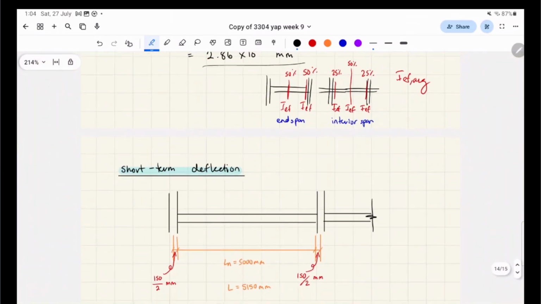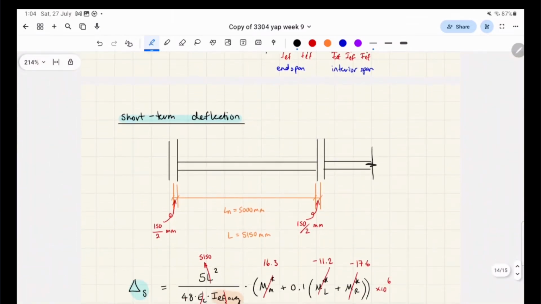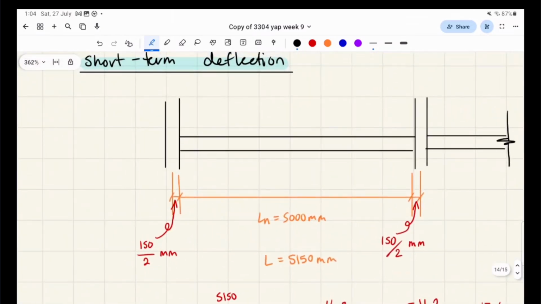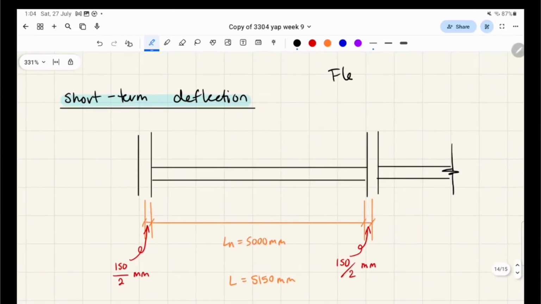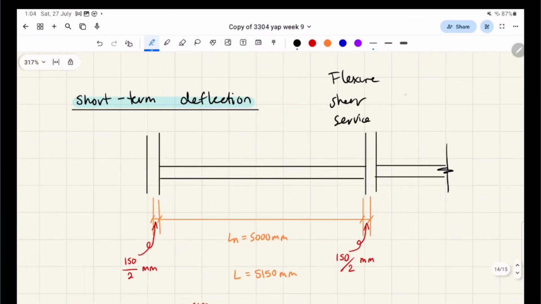Okay. So for short-term deflection, we actually want the L value. The entire time, when we've done flexure, when we did shear, and now we're doing serviceability, we've just cared about LN, the net span, which is the distance of the air between the columns.